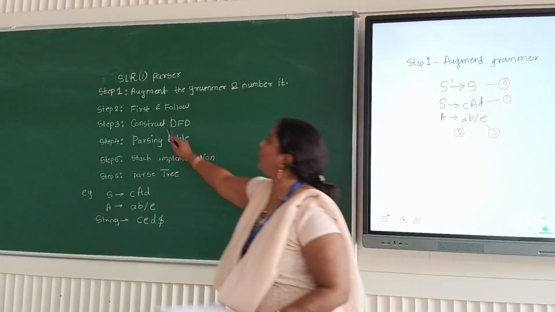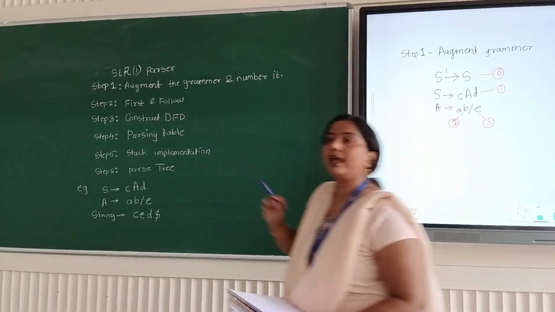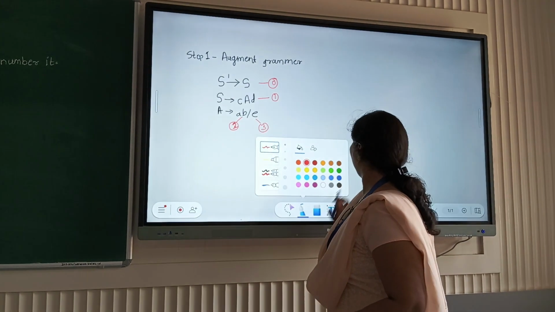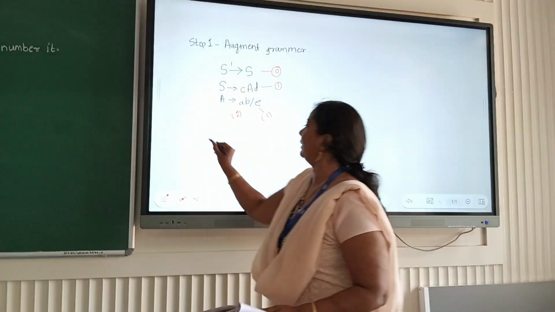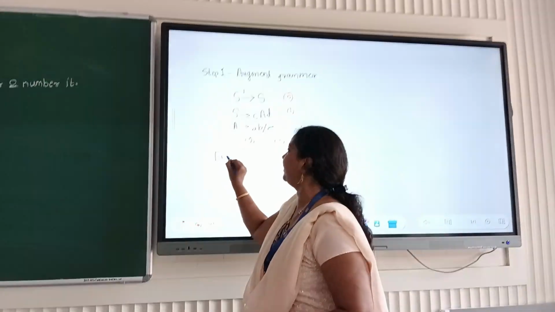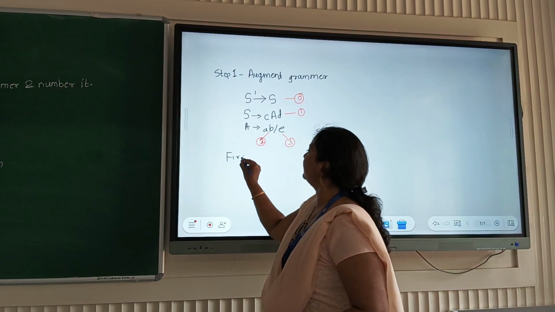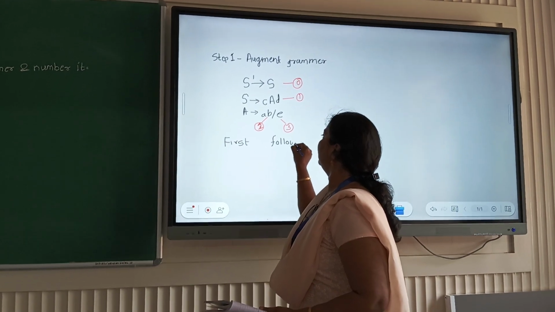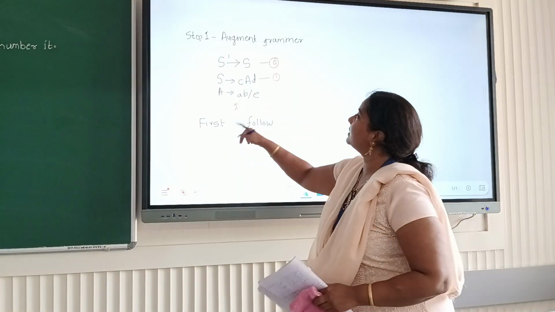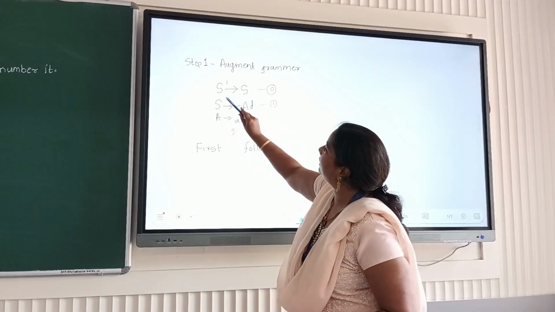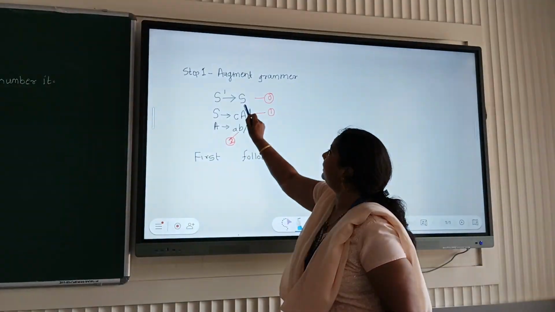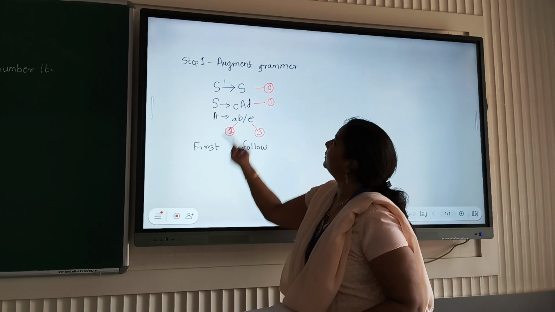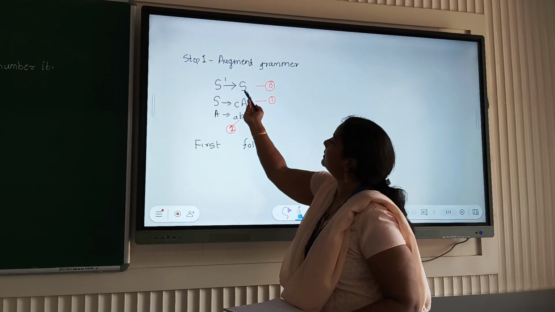Now you require to carry out the first and follow technique. I shared one video on how to take the first and follow. In this first and follow, here the first step is S. What is the first of S?